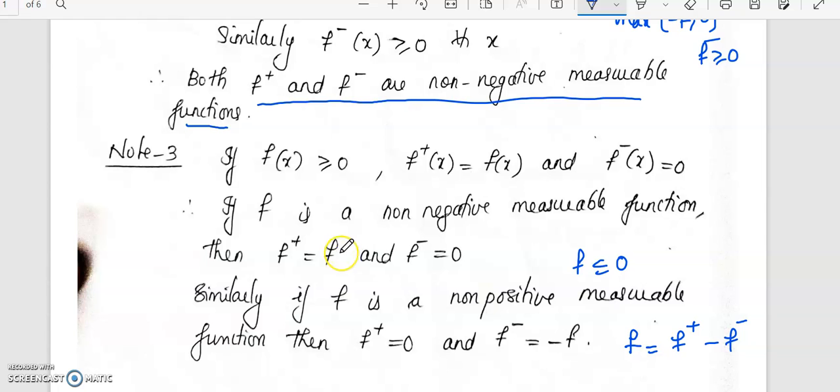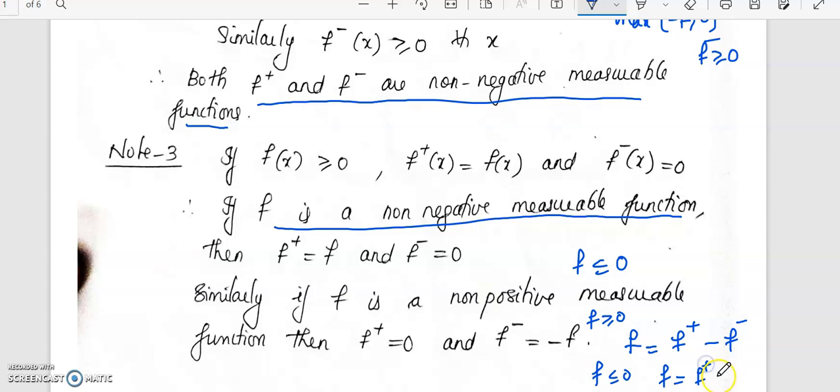So in the first case, when f is greater than or equal to 0, f plus is f and f minus is 0. When f is less than or equal to 0, f plus will be 0 and f minus will be minus f, so minus of minus f gives f again.